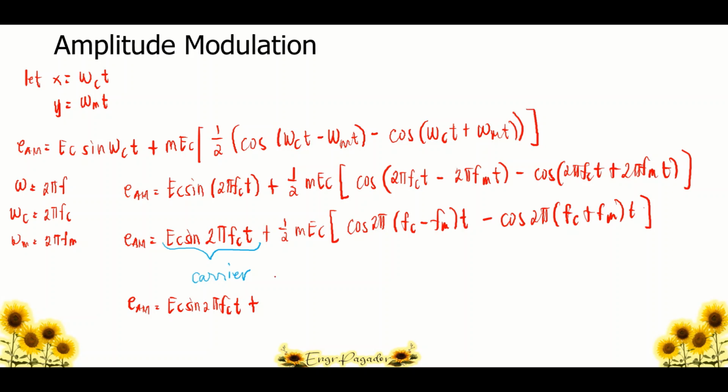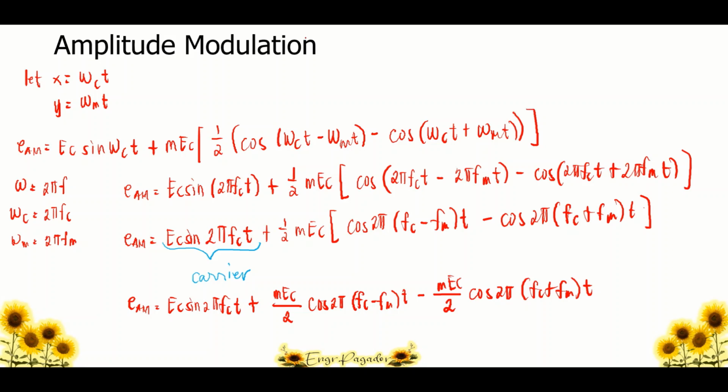So, ang mangyayari dito, we will have MEC over 2 times cosine 2 pi FC minus FMT minus MEC over 2 cosine 2 pi FC plus FM times T.